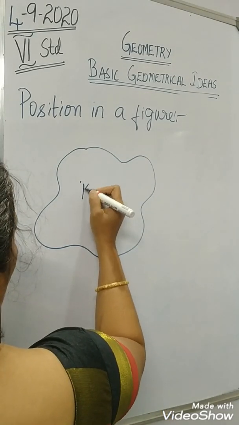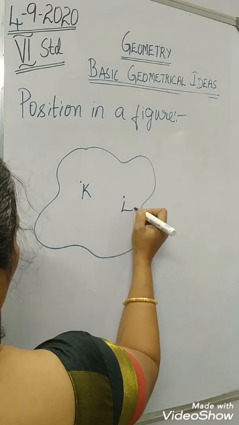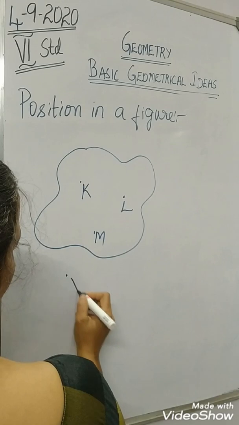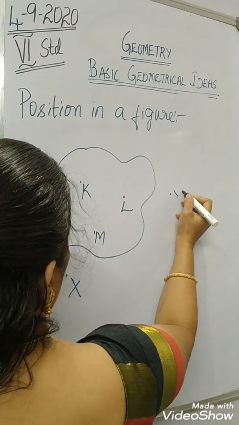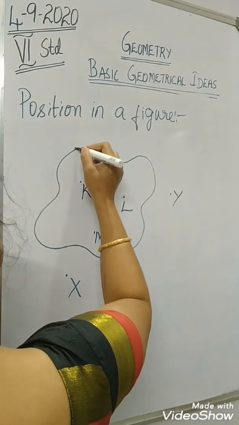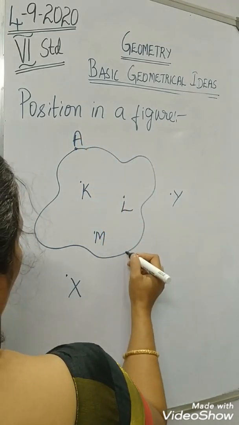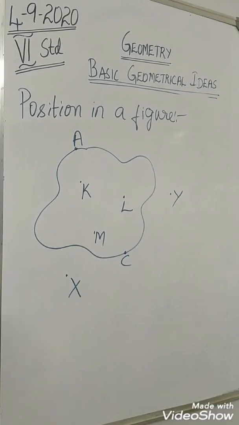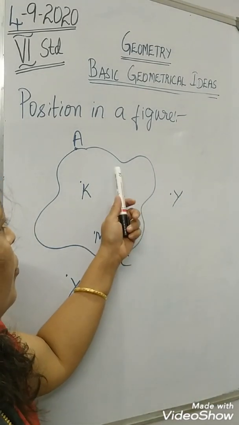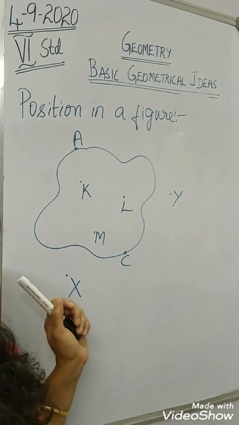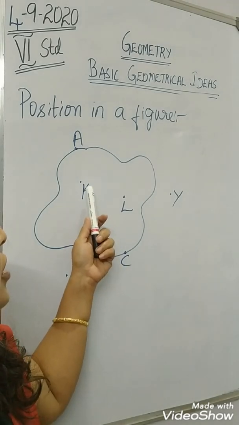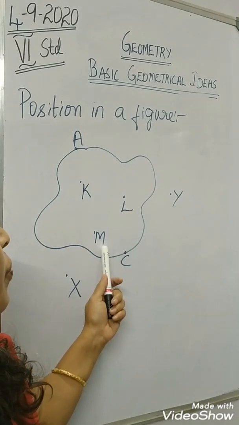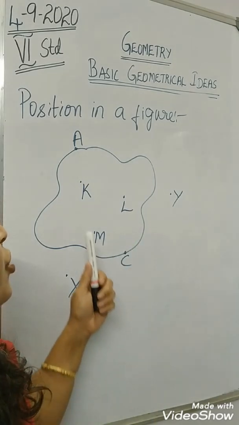I'll mark some points here and there. Look here. Can you see, children? Now, in this figure, you can see some points here and there. Now, look at this point K, point L, point M. Where are they situated?